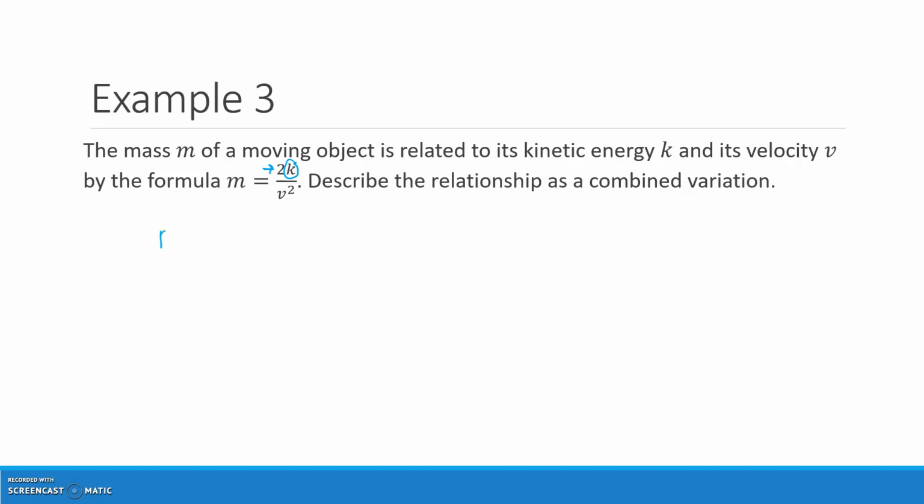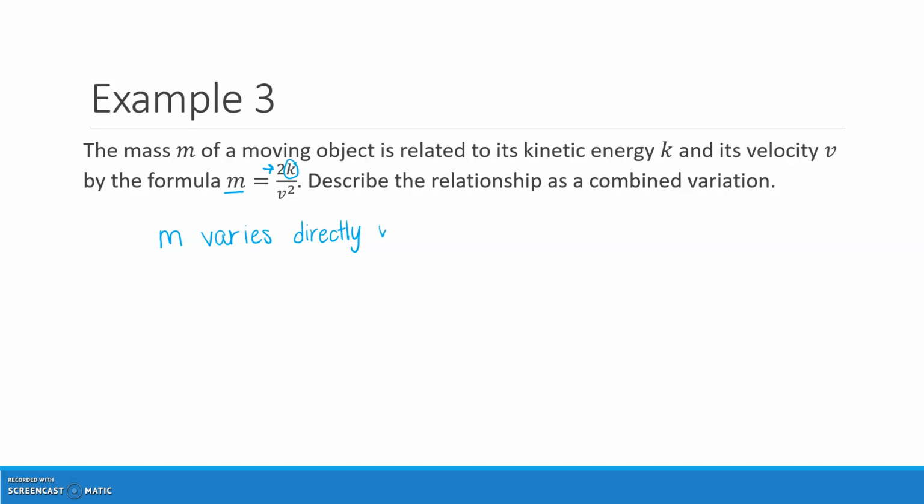So what we would say is m varies, and we always start with the variable that's isolated. So m varies, and since it's a constant times one variable, it's directly. Constant times one variable is directly.